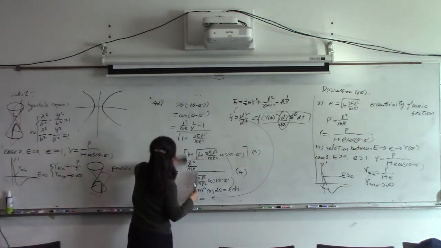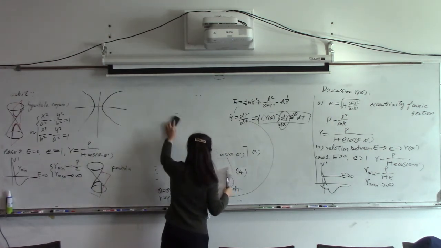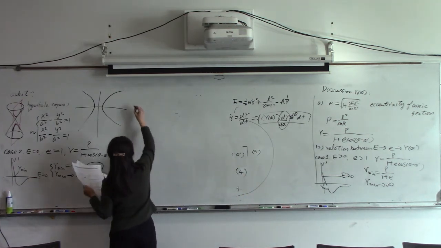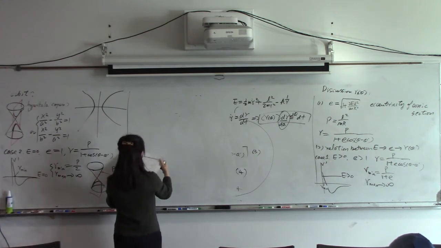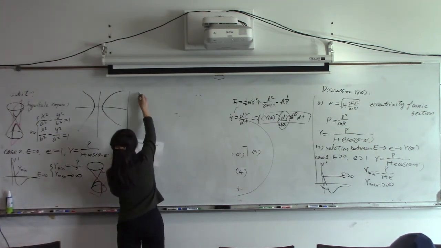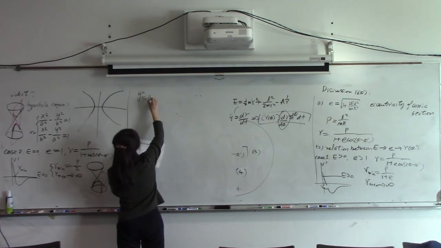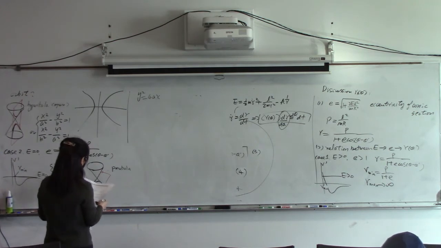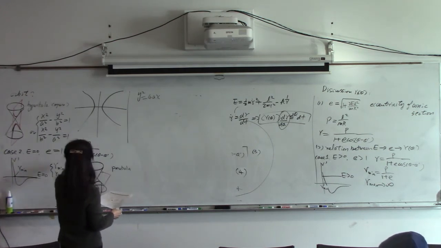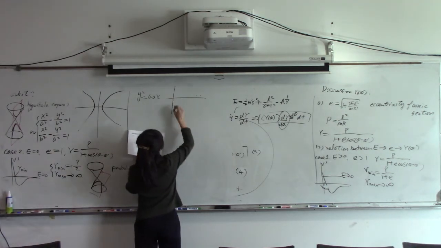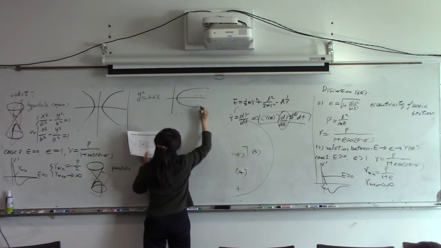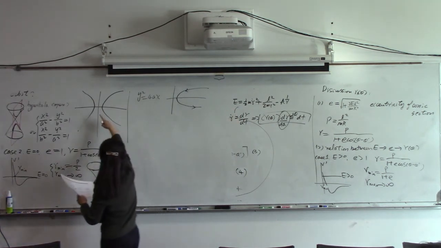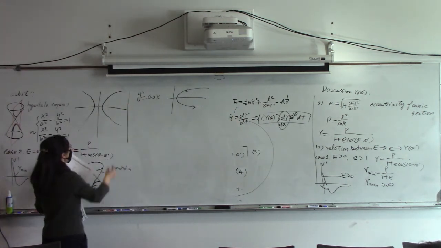Mathematically, we also have the formula to describe the parabola: y squared equal to whatever constant times x, and it looks like this. Parabola. Then going to infinity, it goes parallel, with asymptotic behavior. So that is different.